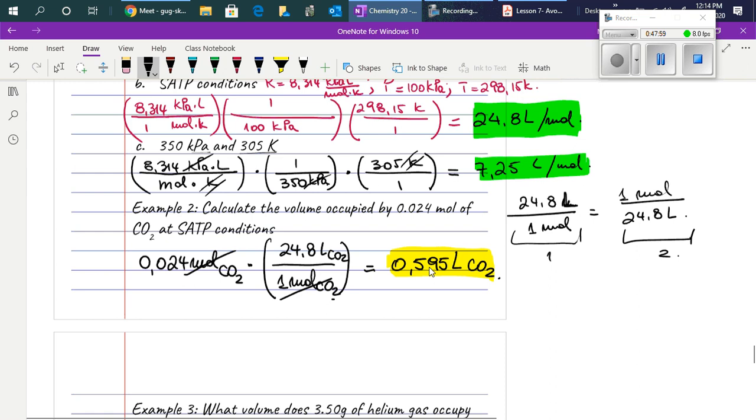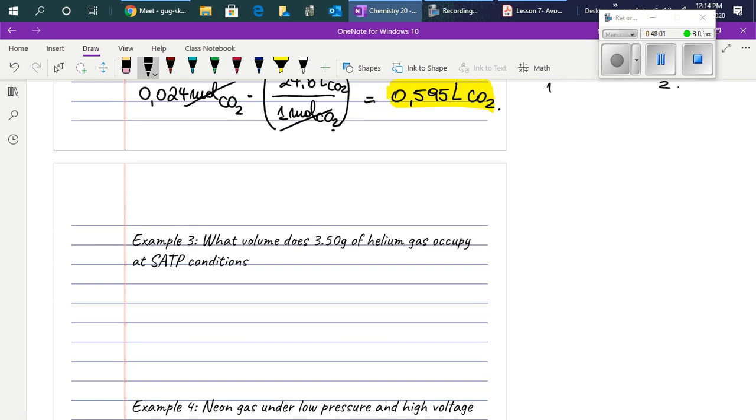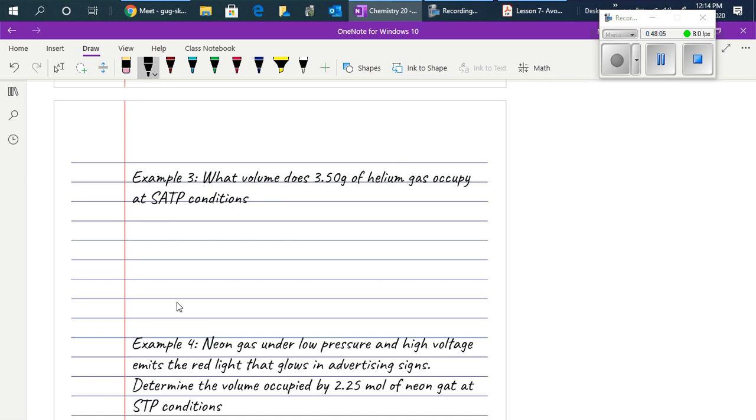Okay, so now let's move to the next example. What volume does 3.50 grams of helium occupy at SATP conditions? First of all, we need to know the number of moles. What is given here is the amount, but in grams.